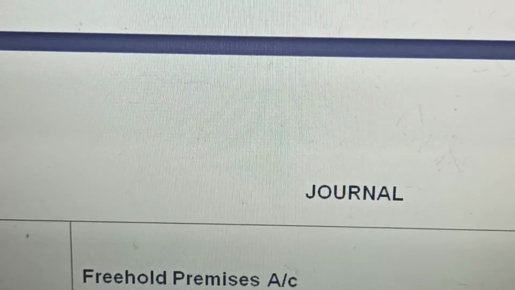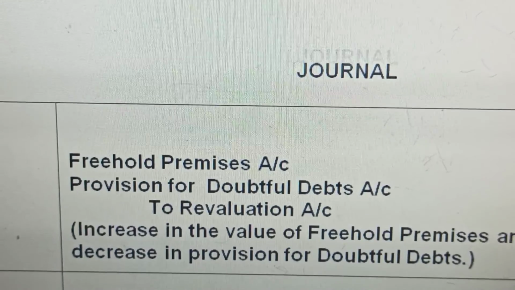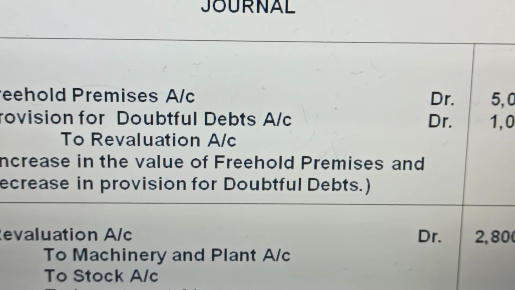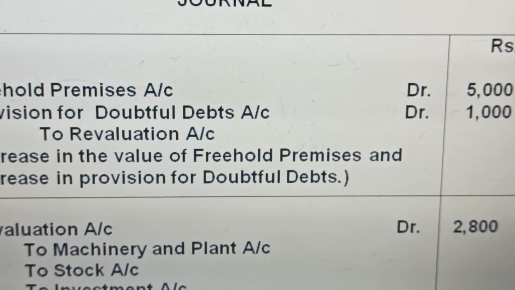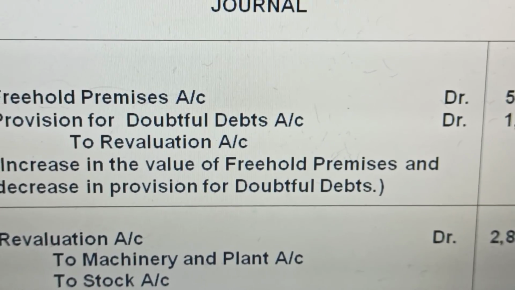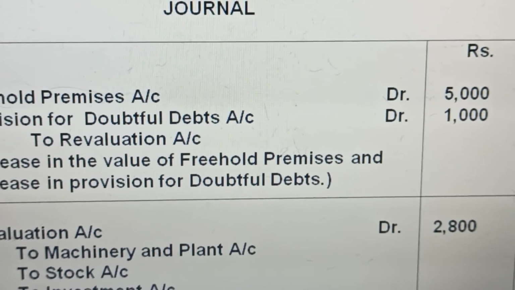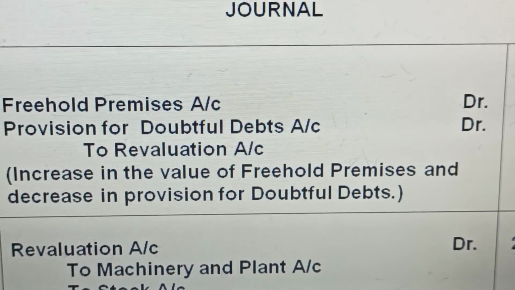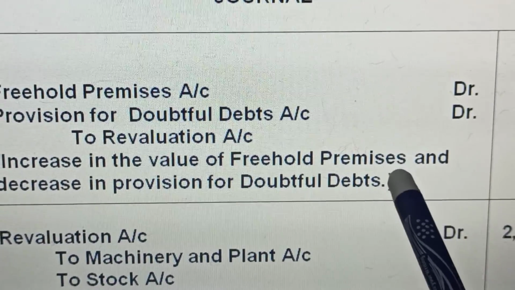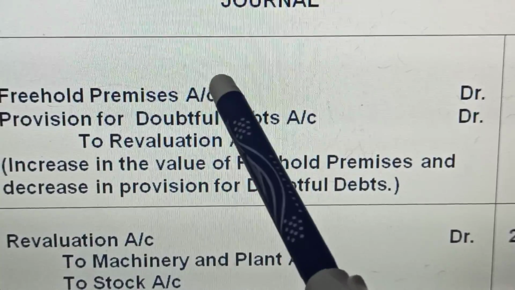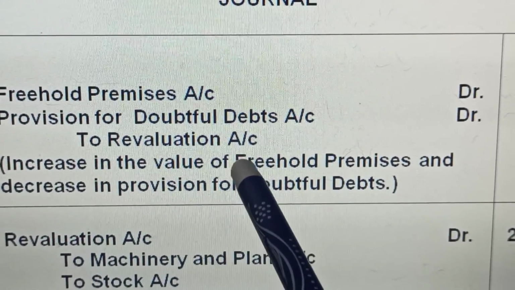Now we have to make the journal entries. In this question you have not been asked to make the revaluation account. You have to make the journal entries. Nothing different at all. In case assets increase, like freehold premises, an increase in the value of assets or a decrease in liability, it is that asset or liability to revaluation.